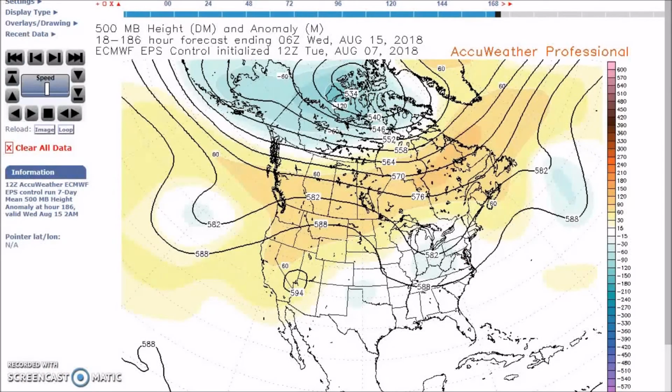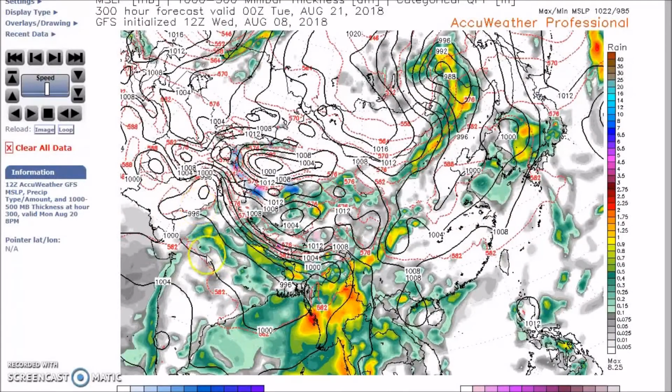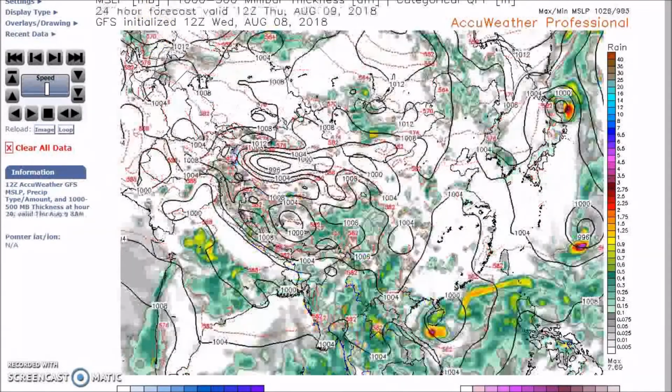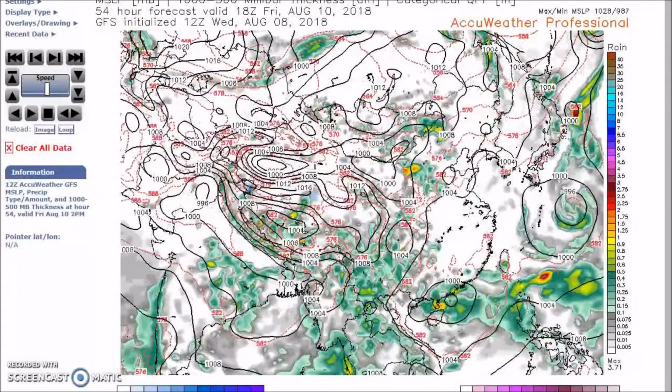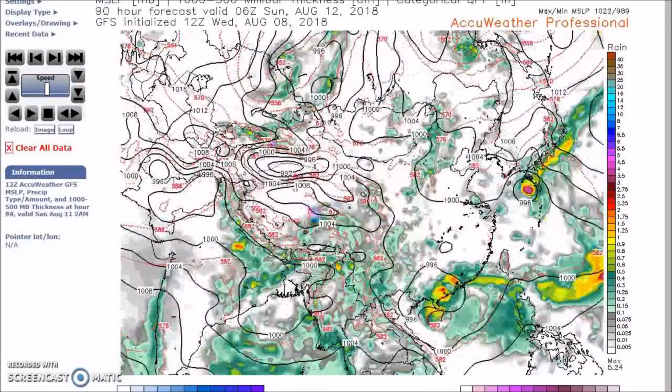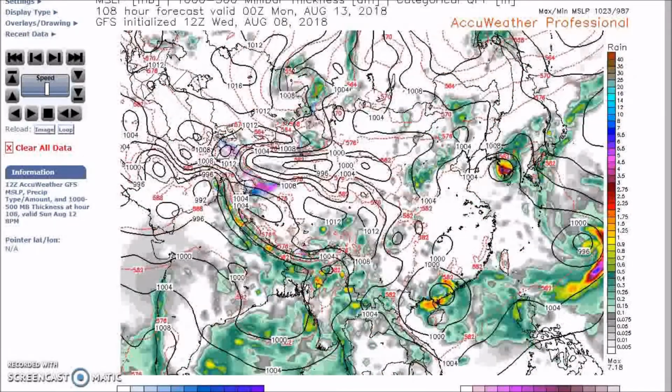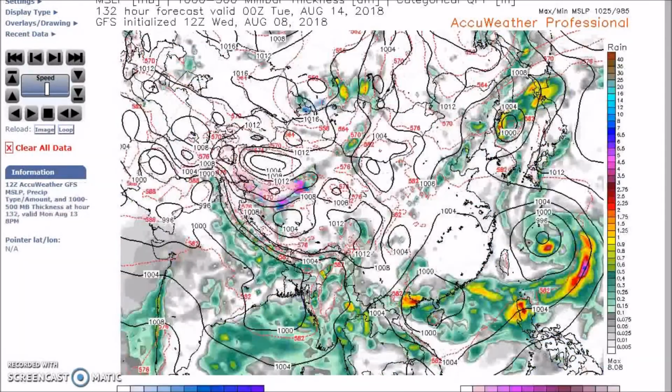Now we're going to look at the period for August 19th to the 23rd, and we have a broad ridge that will cover much of the southern U.S. and the west. We're going to take a look here at a recurving typhoon over the western Pacific.